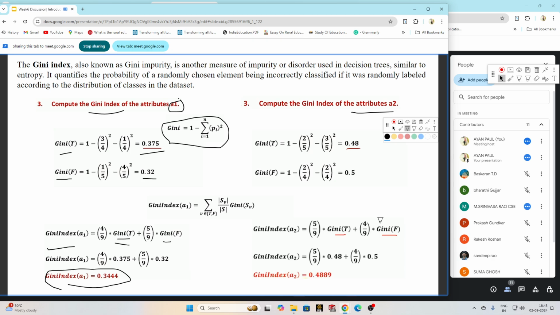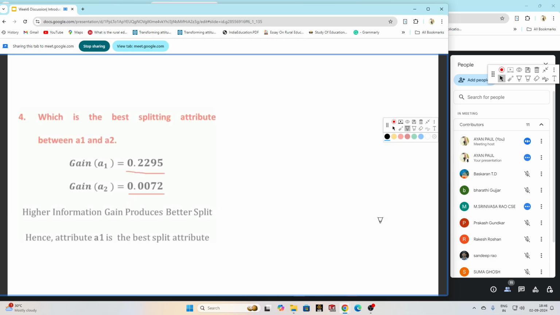For that we need to calculate information gain as well as Gini index. That will be clear in the next example, but till now just focus on how to calculate it. In information gain there is a thing called entropy. These three things are clear: entropy, information gain, and Gini index.